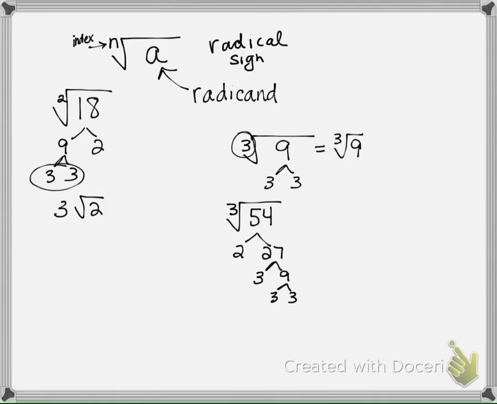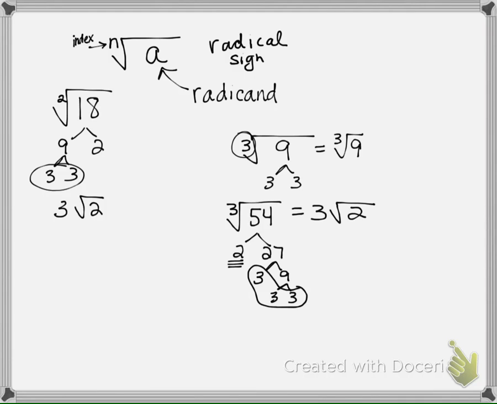All right. So now I'm looking for a set of 3. Here's my set. What's going to be left over? The 2. I like to underline those so I don't lose them. Sometimes the trees get pretty big. And so my 3 comes out.